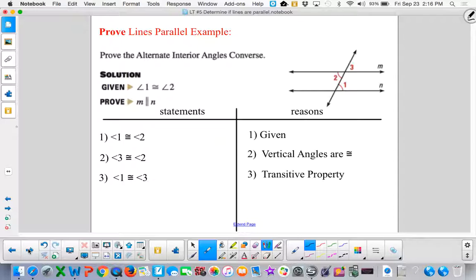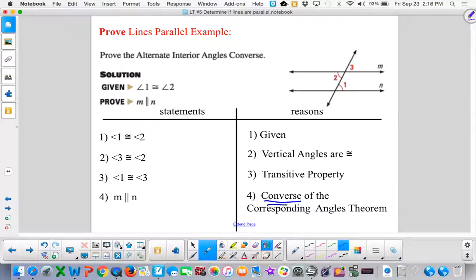Now I've got 1 and 3 congruent. That's awesome, because what are the angles 1 and 3? Well, I know if these lines were parallel, 1 and 3 would be corresponding angles congruent. But I have 1 and 3 congruent, so therefore, lines must be parallel by the converse of the corresponding angles theorem.